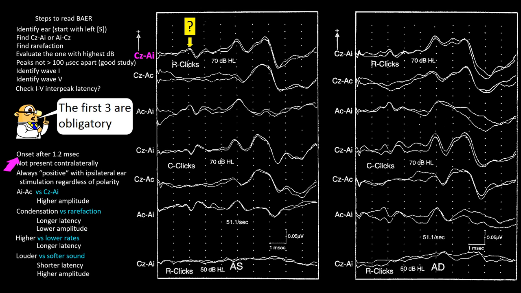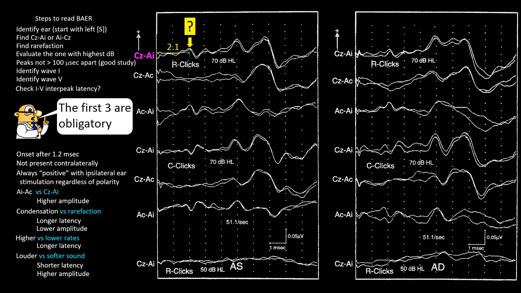The first item is onset after 1.2 milliseconds. This criteria holds for almost all ages, but in children less than 2 years of age it must be loosely applied. The onset of a wave 1 after 1.2 milliseconds is absolute in the adult because during the first 1.2 milliseconds after stimulation, the tracing is dominated by receptor potentials.